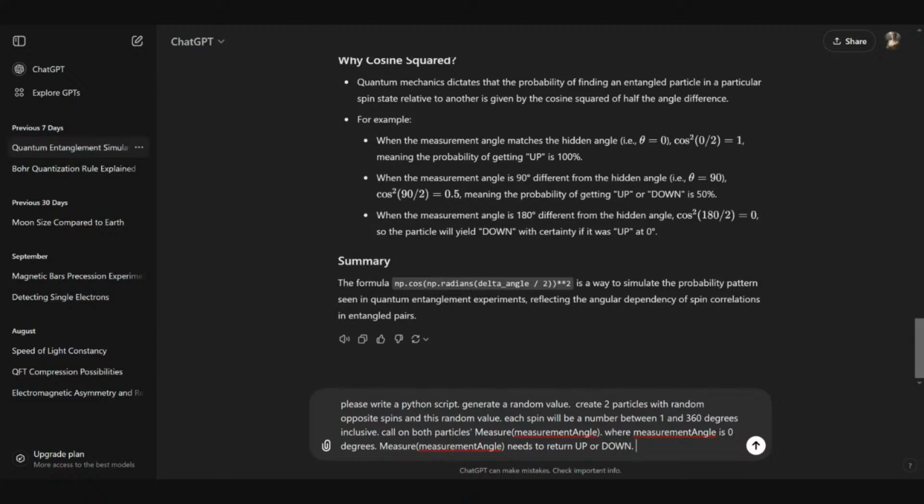Measure needs to return up or down, but how do I explain this? It depends on taking two things into consideration.